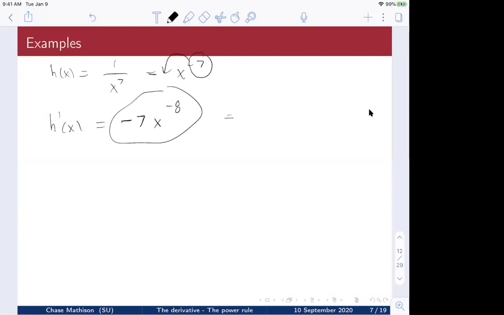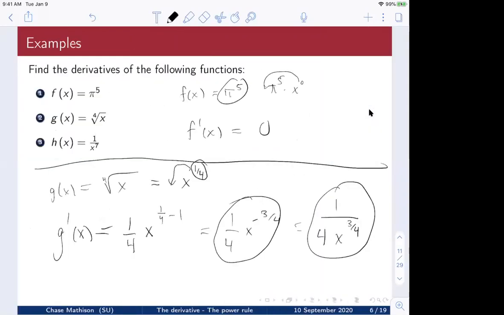You could also bring the negative exponent back down into the denominator: negative 7 over x to the 8. Either answer is fine with me. Are there any questions about using the power rule? Simplifying expressions so that you can use the power rule?